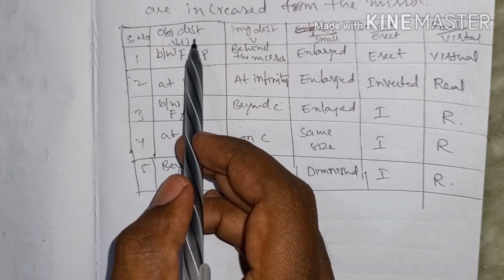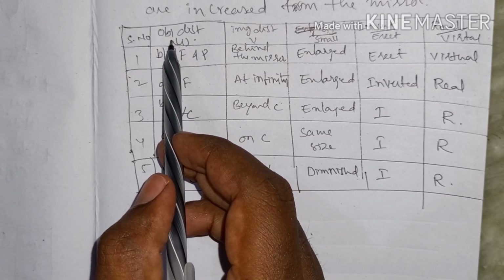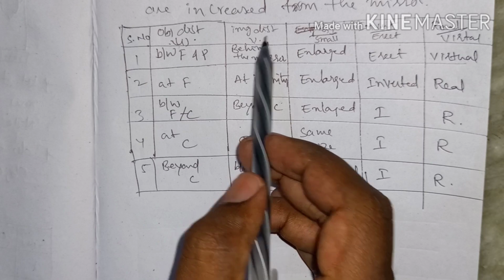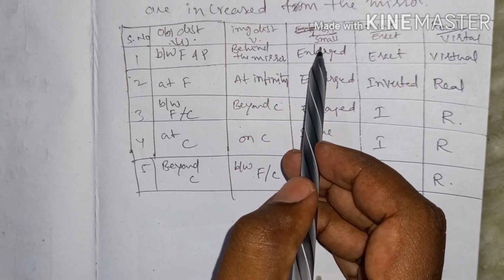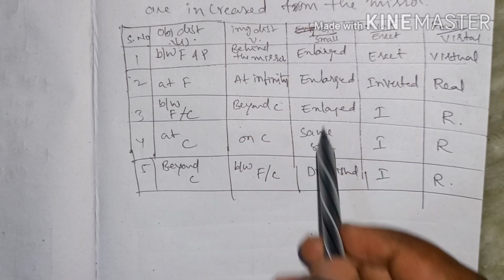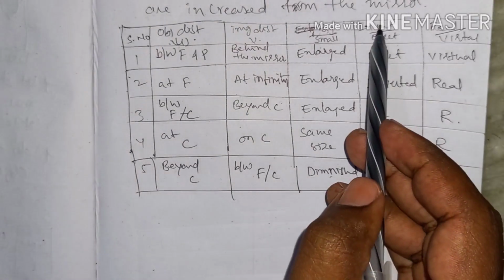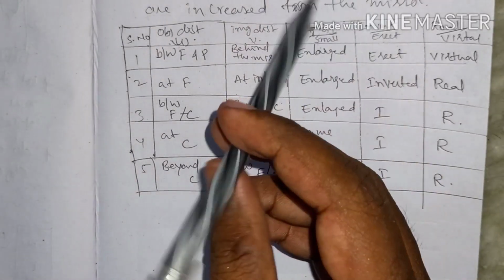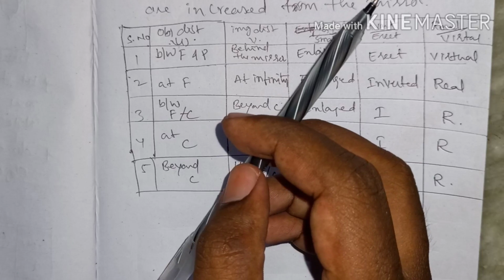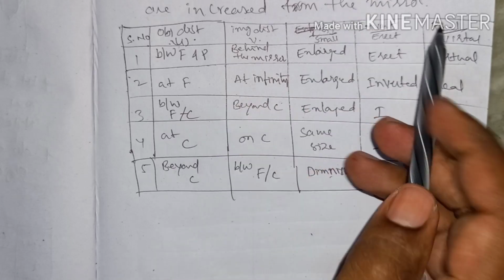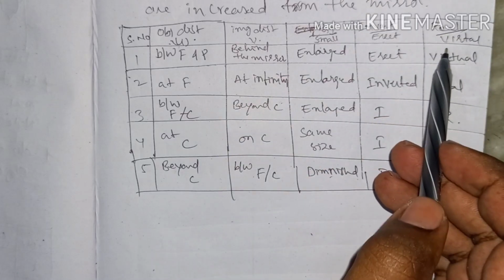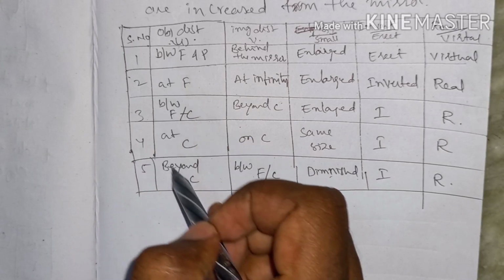Object distance, that means object distance from the mirror. Image distance. Big or small, that means big is enlarged, small is diminished. Invert or erect: invert means upside down, erect means upright. Real or virtual. So these are the conditions.